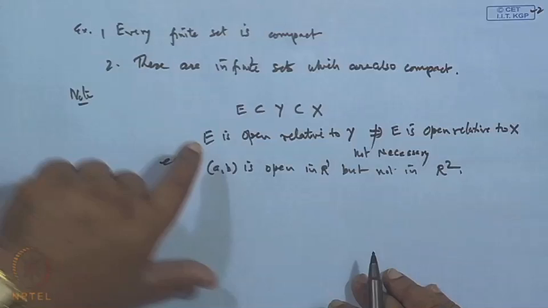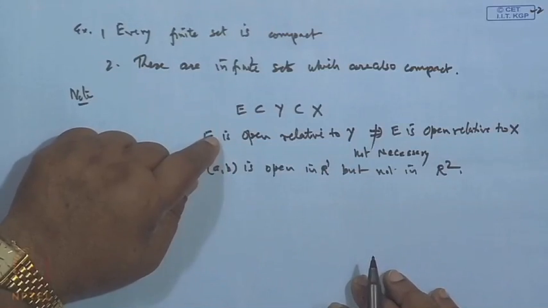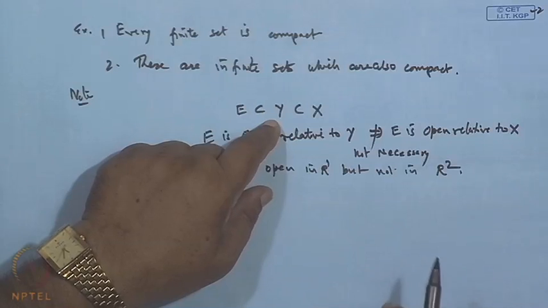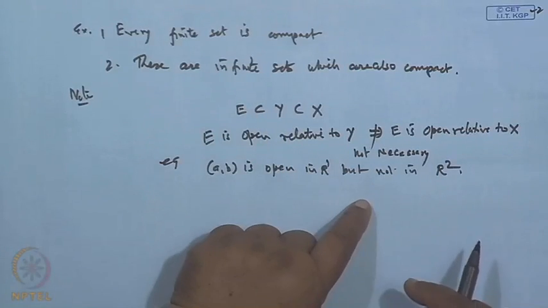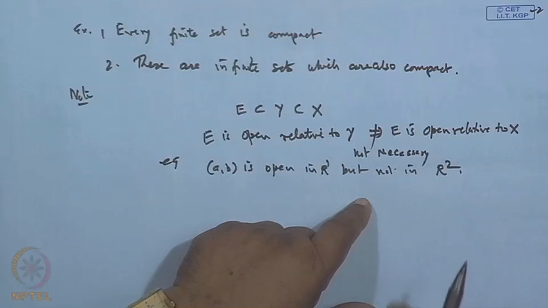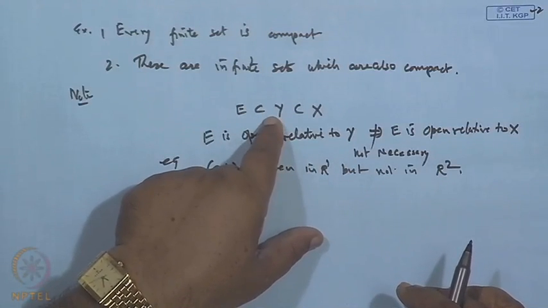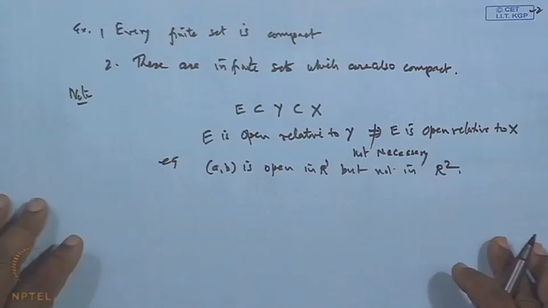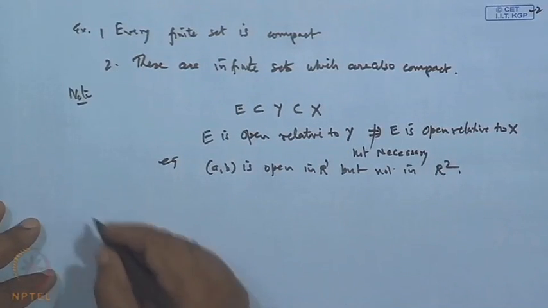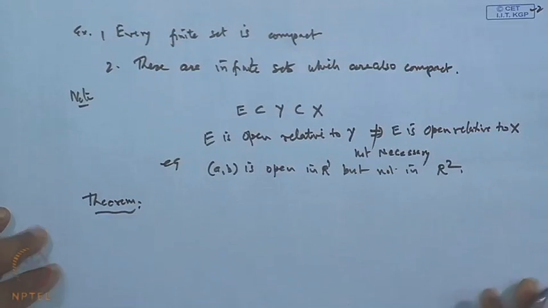So, the openness or the closedness of a set depends on the space in which the set is embedded, but this is not the case so far as we consider compactness. If a set is compact relative to Y, then it has to be compact relative to X and vice versa. So, this is an interesting result.